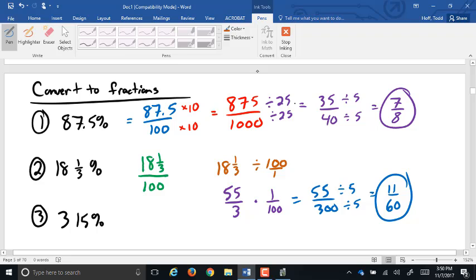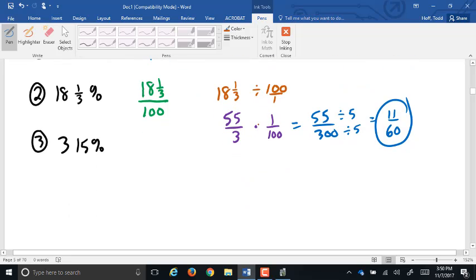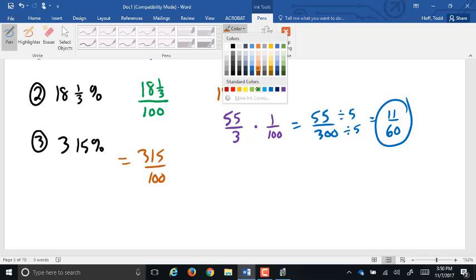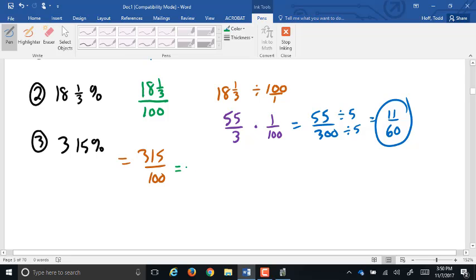And finally, 315 hundredths. 315% becomes 315 hundredths. I can make that into a mixed number, which would be 3 and 15 hundredths.